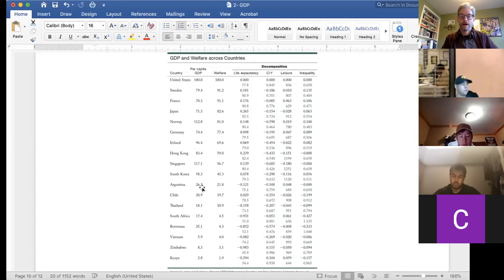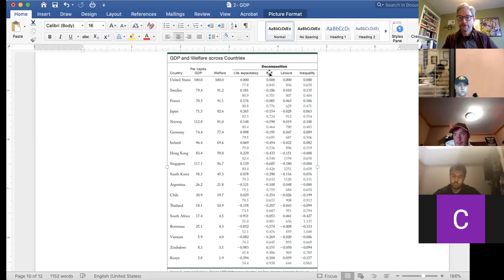What your authors did here is they said, instead of looking at per capita GDP, let's calculate a measure called welfare. And welfare is going to be a weighted average of how long your life expectancy is, what your consumption is, what your leisure is, and what income inequality is within your country. So they basically weigh these four factors to come up with a measure called welfare.